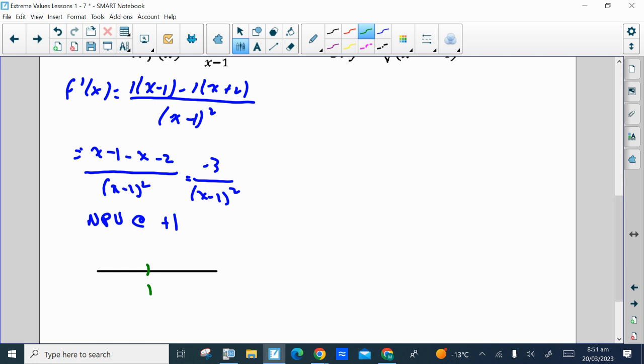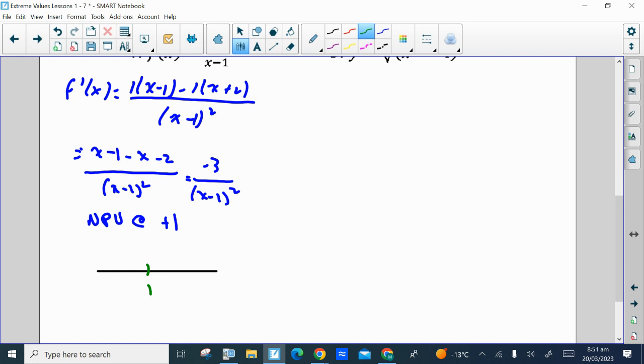Now in this case, if you look again at the derivative, the top is a constant, negative 3. The top is always negative, and the bottom will always be positive, because whatever you put in for x, you're going to subtract 1, which might give you a negative value, but you're going to square it after that.